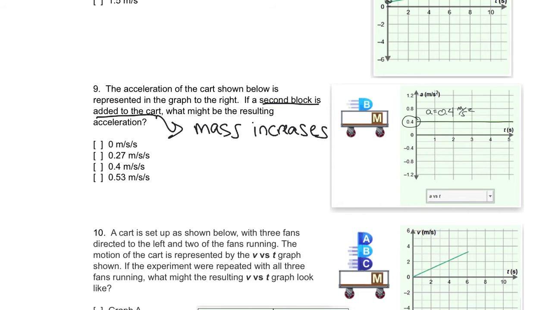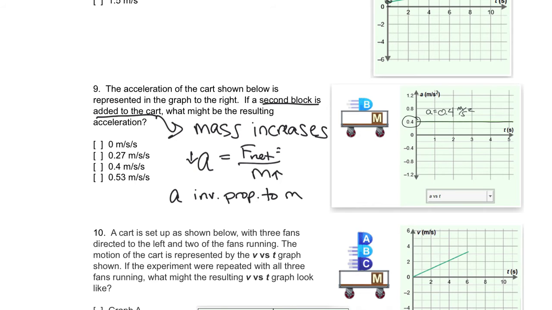When we look at Newton's second law, if the mass increases and the net force stays the same, what happens to the acceleration? It should go down. Remember, a is inversely proportional to mass. So it started at 0.4 meters per second squared. What is it going to do when we increase the mass? It's going to go down.